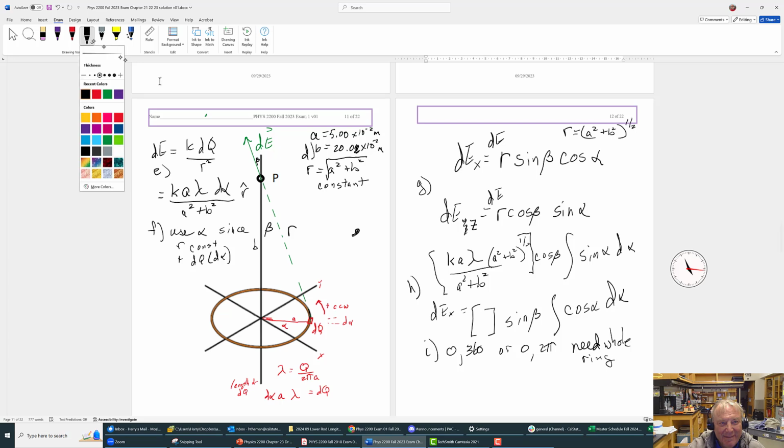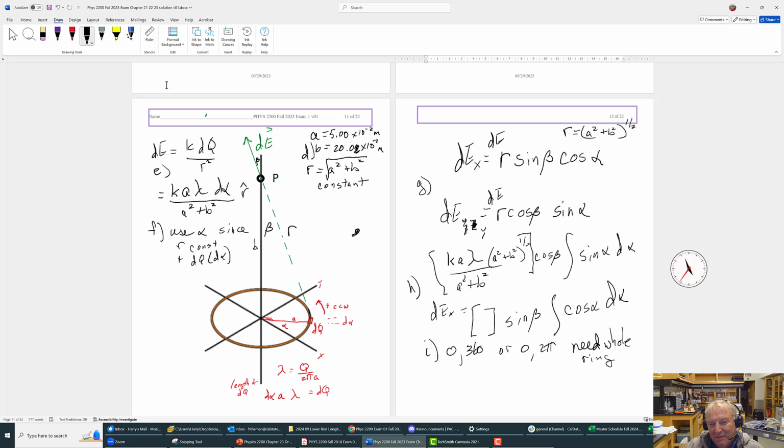All right, so this is certainly the y component. And so the two of them make up the horizontal.